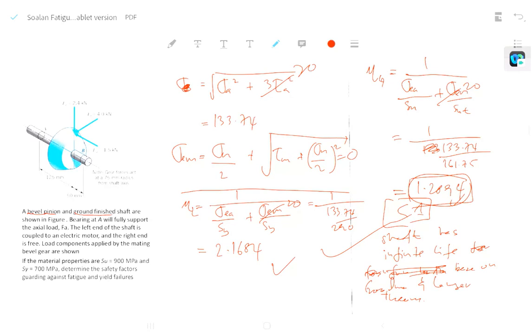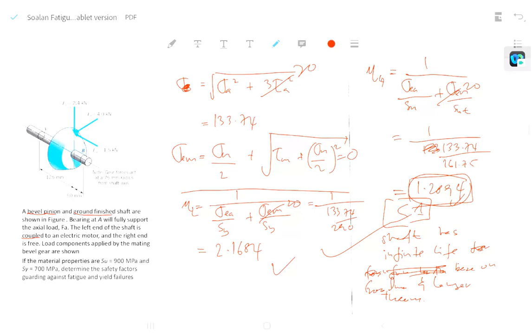It means this shaft is coupled using a coupling, the method of combining two shafts, to an electrical motor. So the shaft is rotating using a motor. The load components applied by the mating bevel gear are shown.